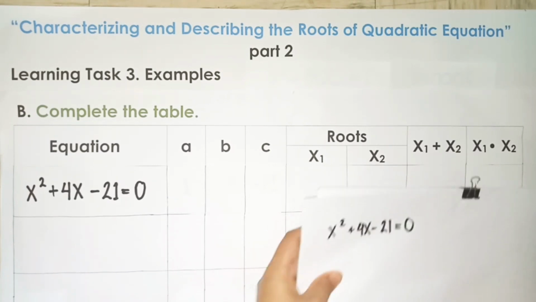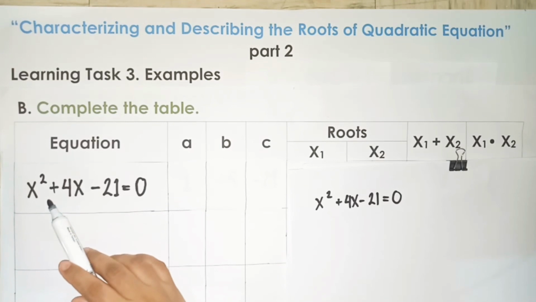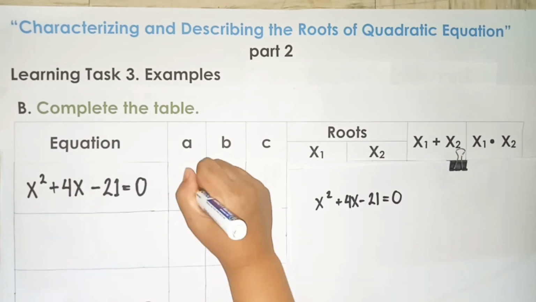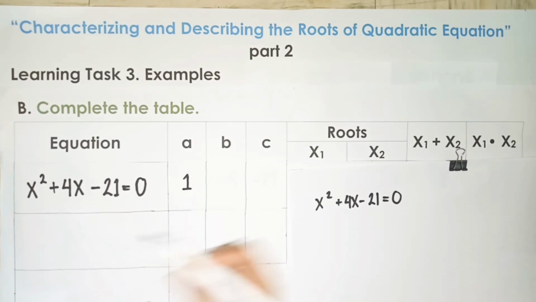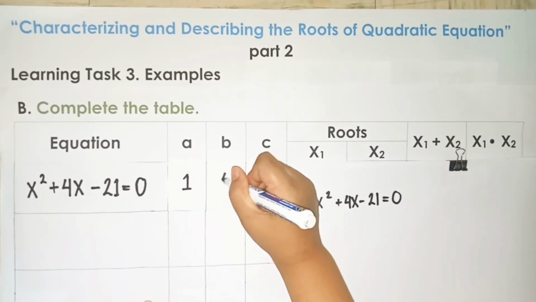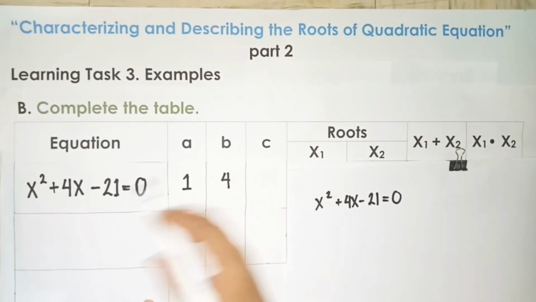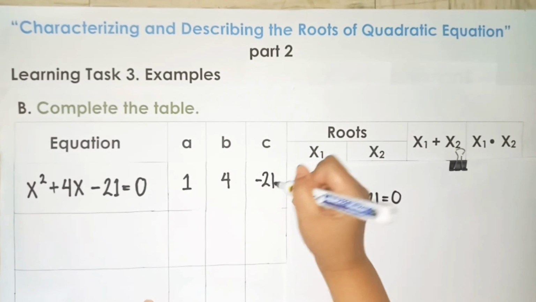Okay, so let's have a scratch here for the solution. We have x squared, so A is equal to positive 1. And B is positive 4, the coefficient of the linear term. And C is the constant term, which is negative 21.